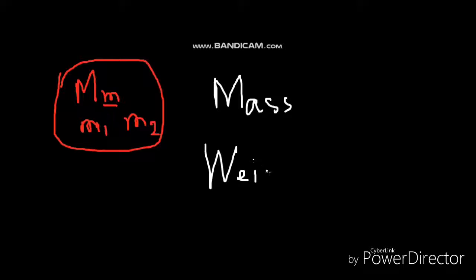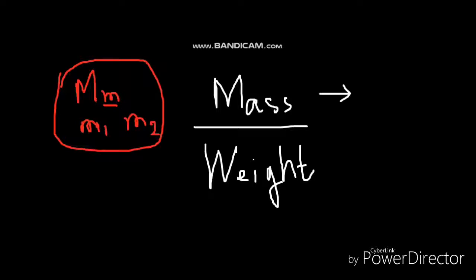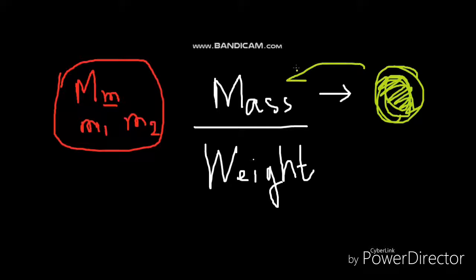When you're talking about mass and when you're talking about weight, always remember these are not the same factor. These have a lot of difference between them. So mass is a constant. Why is this a constant? Because mass is the total amount of matter in an object. So suppose this is an object, and the total amount of matter in this object will be the mass.